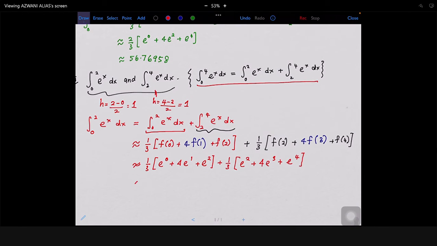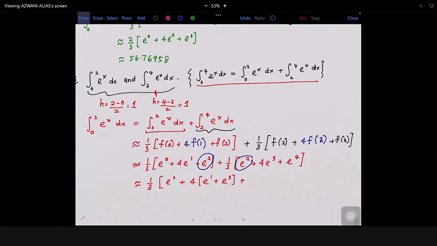Kalau kita nak simplify dulu yang ni, you boleh buat 1/3 of e^0 plus 4 ada e^1 and e^3 plus, this and this can add together.